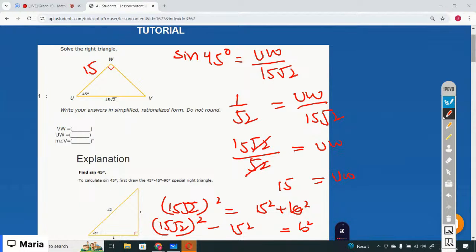15 squared is 225, and 225 times 2 is 450.